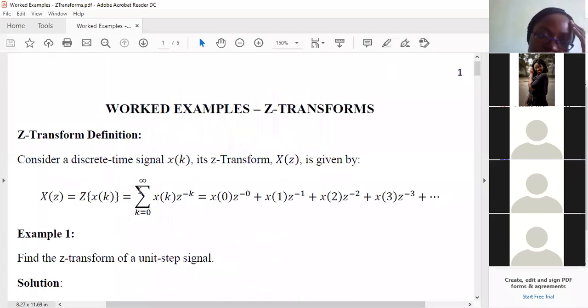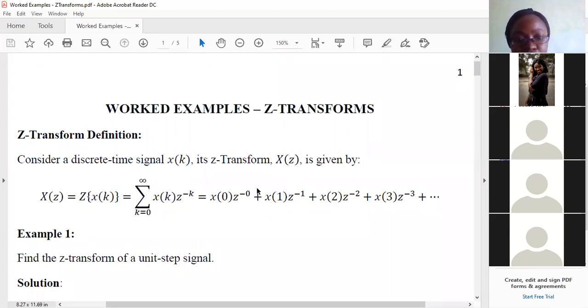So this definition of Z transform, you are summing from k is equal to 0 to infinity. So basically you have this x of k function. Since you are summing from k is equal to 0 to infinity, the first term that I'm highlighting is when k is equal to 0. This second term is when k is equal to 1.